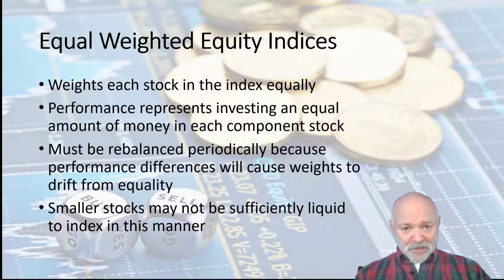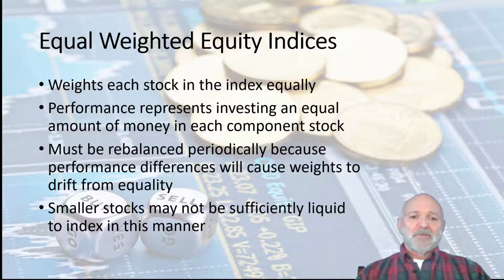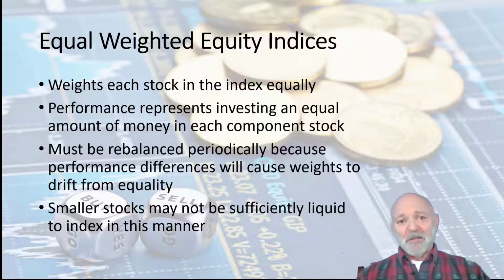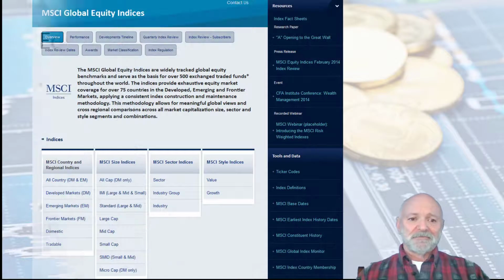Performance then of our investment in the index represents investing an equal amount of money in each stock in the index. Of course, it would have to be rebalanced periodically because the performance differences are going to create weights to drift, to move from the original estimation. And small stocks might not be terribly useful as part of that information because they don't trade as often.